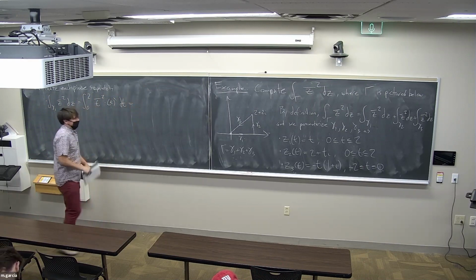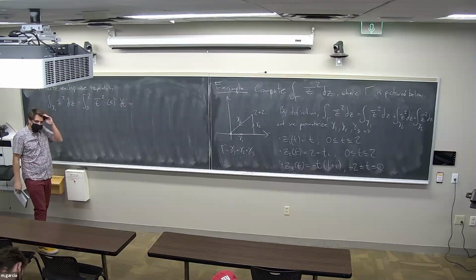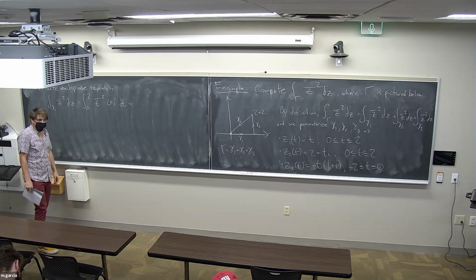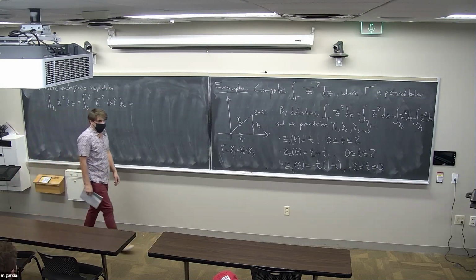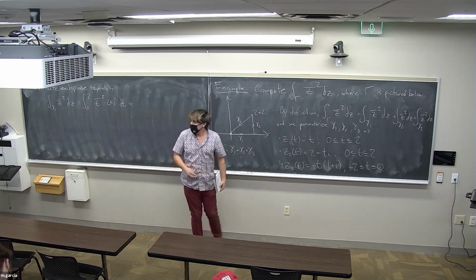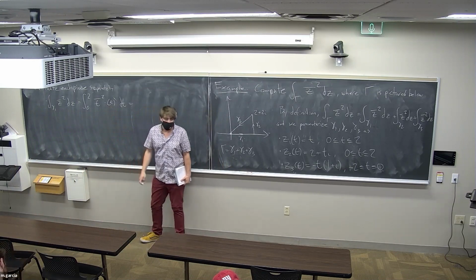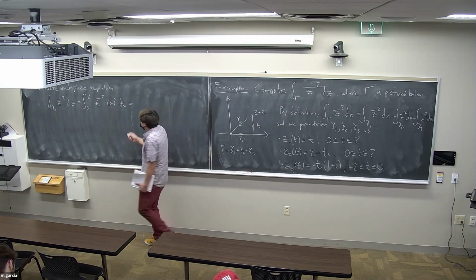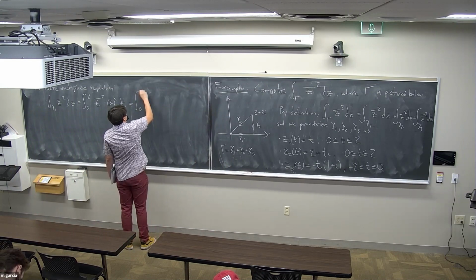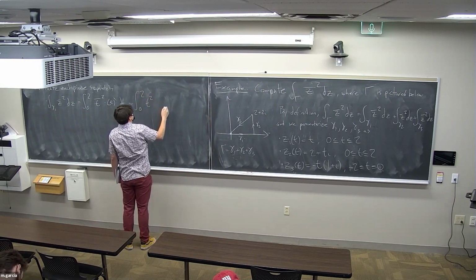This is a kind of silly thing that I wrote. t is a real number, right? What's the complex conjugate of a real number? Itself. We just get t back here. And what's the derivative of t with respect to t? 1. So this boils down to the integral of t squared from 0 to 2.